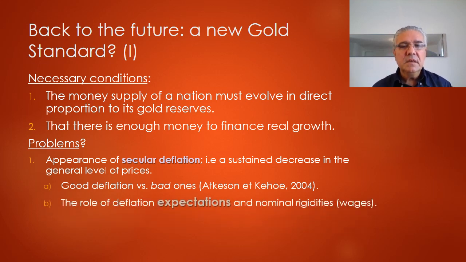But there could be a way to fix the situation, and it has to do with expectations. If the economic agents in the economy, businesses and consumers, accept deflation and can anticipate it, for instance on the wages side, if businesses tell their workers, listen, we're going to expect a 2% decrease in the general level of prices next year, so we're going to pay you 2% less, and if the workers accept that, then there's no problem.